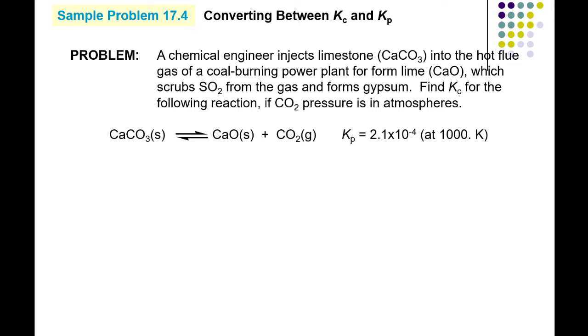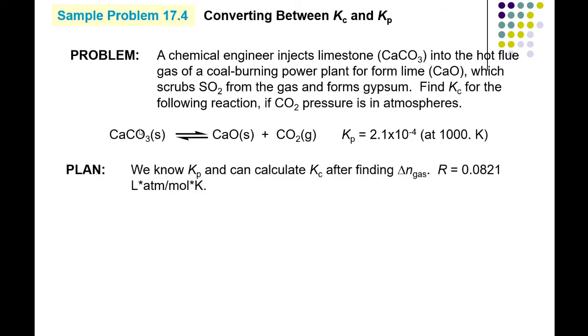And there's a couple problems here for you to try for homework. Sample problem 17.4. They give you the Kp, and they want you to find the Kc. So try that one for homework.